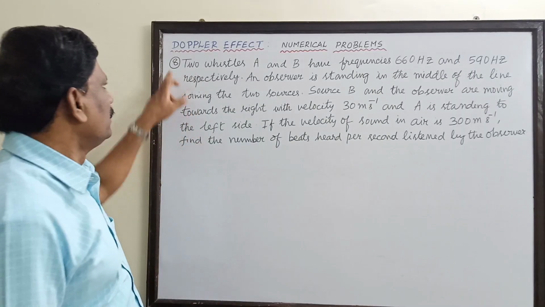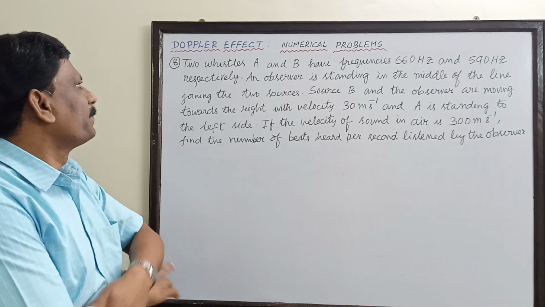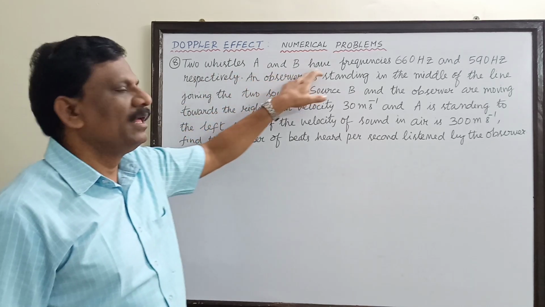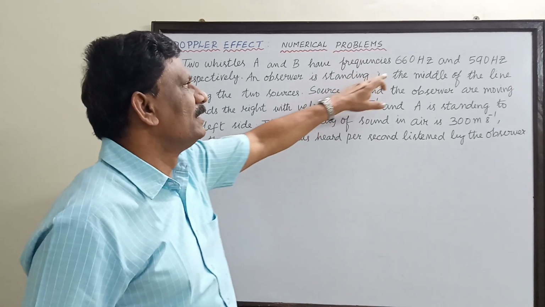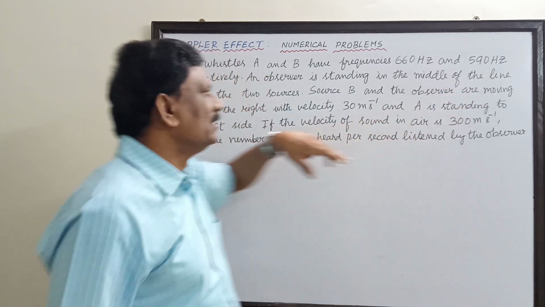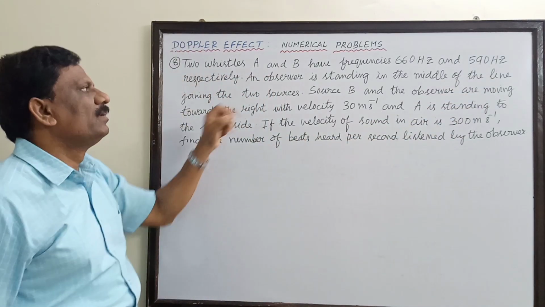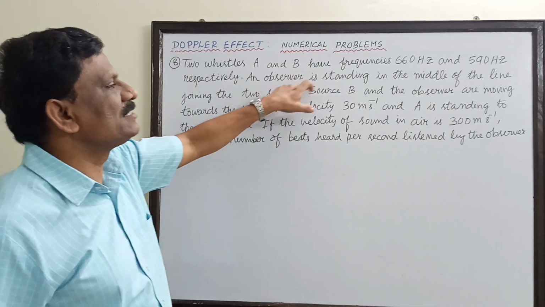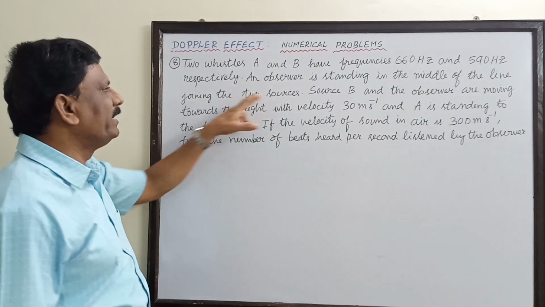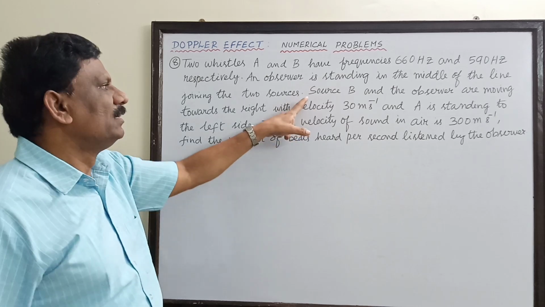Hi students, problem number 8. Two whistles A and B have frequencies 660 Hz and 590 Hz respectively. An observer is standing in the middle of the line joining the two sources.